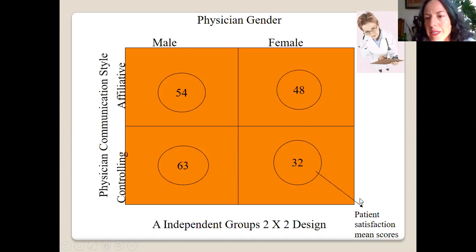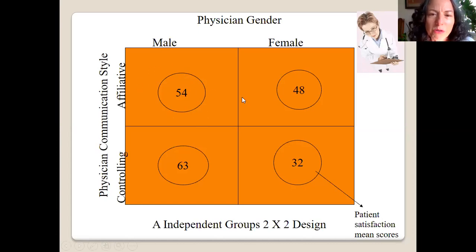Now, what we measured was patient satisfaction scores. So you can see that that's what these numbers indicate here. And so take a look at this and see what you think. Now, in terms of the results, we'll talk about that in a minute. But again, the reason why this is a factorial randomly assigned design is because the people that got the male affiliative doctor, they didn't see any other doctors.